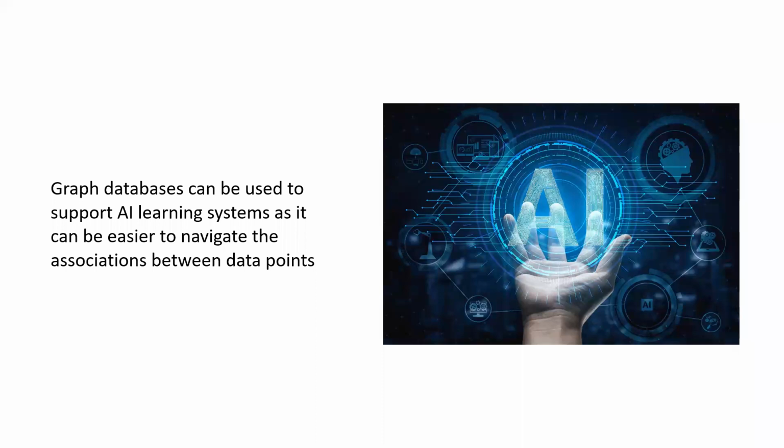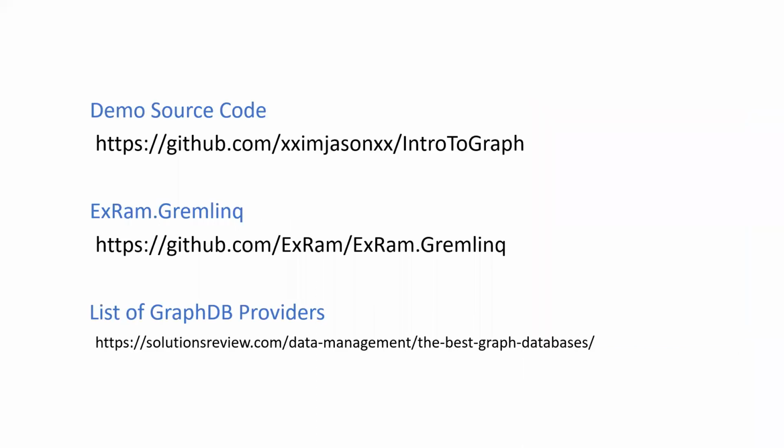Okay, so here's some links. All the source code that I used is right there. The application's fully functioning. All you have to do is add the secrets and deploy a Cosmos DB database using Gremlin. I've got XRAM, got Gremlin, so that's what I use.